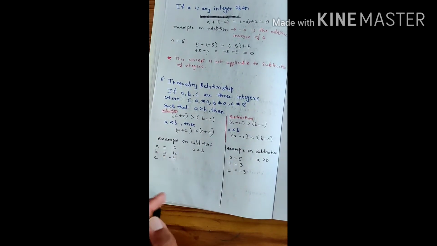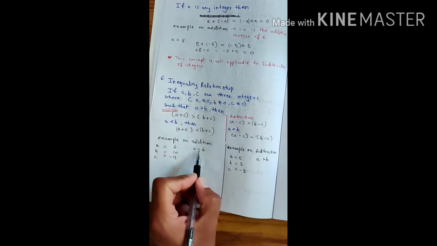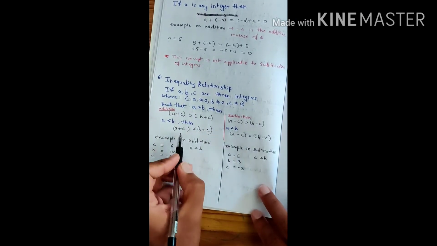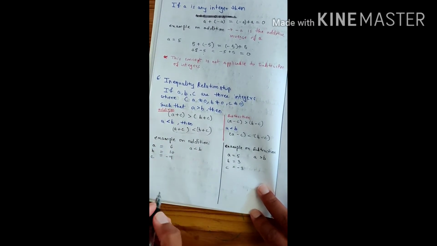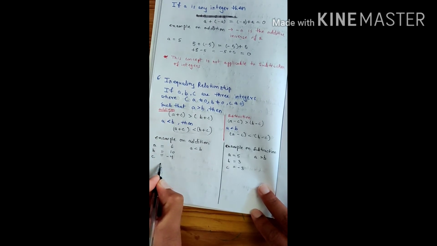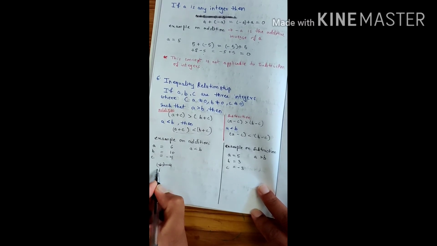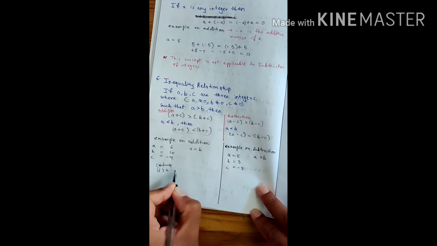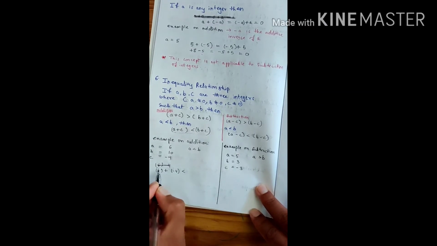Now let us understand this with the help of an example first. If we take a as 6, b as 10 and c as minus 4, and the condition is a is less than b, then we use this property here. So we'll keep the values and check. 6 plus (minus 4) is less than 10 plus (minus 4).